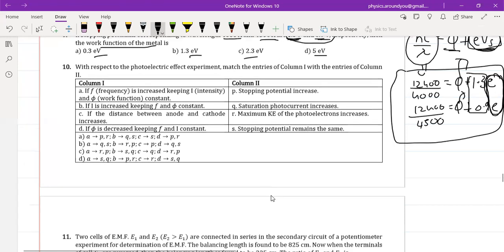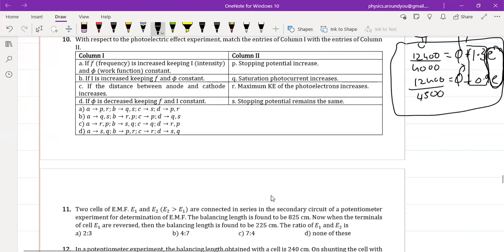Now question number 10. With respect to the photoelectric experiment, match the following. We'll try to play smart. I'll just try to get correct answers for one, for A. Frequency is increasing, intensity is constant. What depends on frequency? Frequency determines stopping potential as well as the maximum kinetic energy, isn't it?